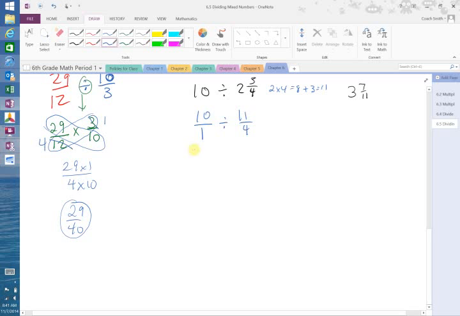Okay, now we do the reciprocal of the second number, correct? Okay, and that gives us 40 over 11 because there are no common factors.